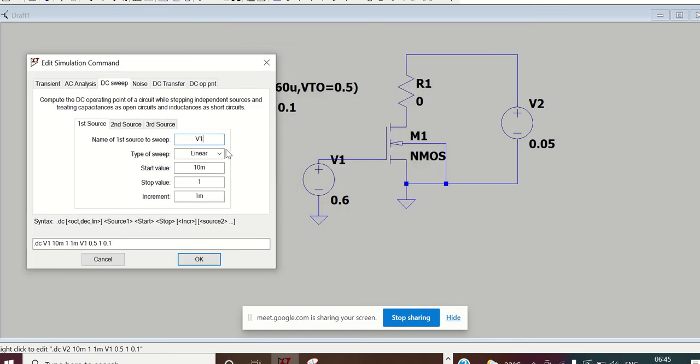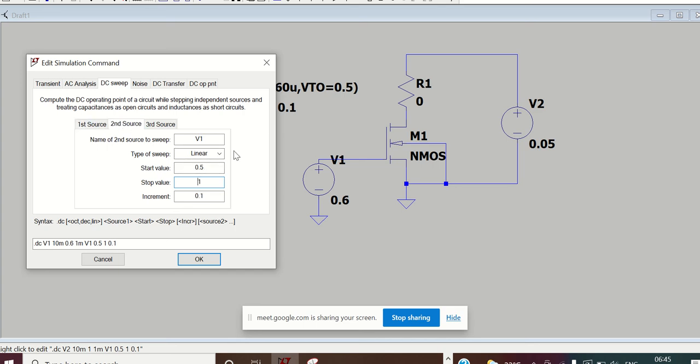V1 should be kept constant. Okay, so we will change V1 and sweep it to different values. So let 0.6 be the start value.